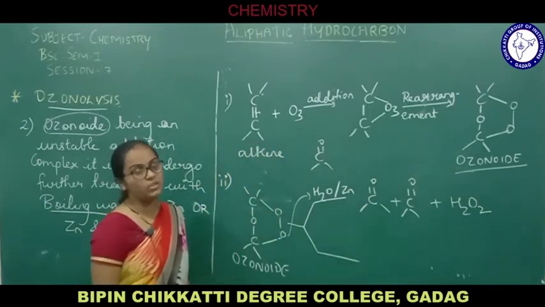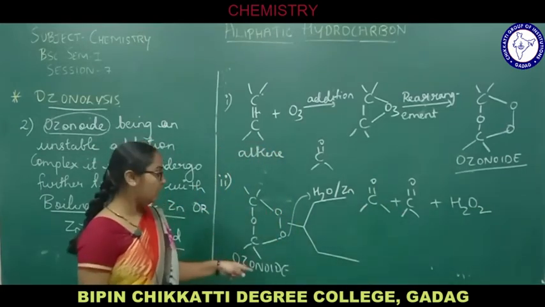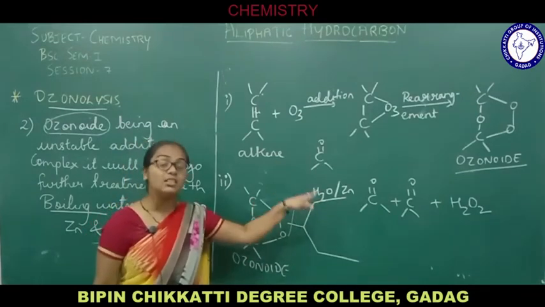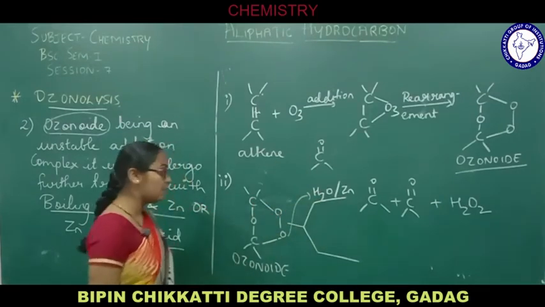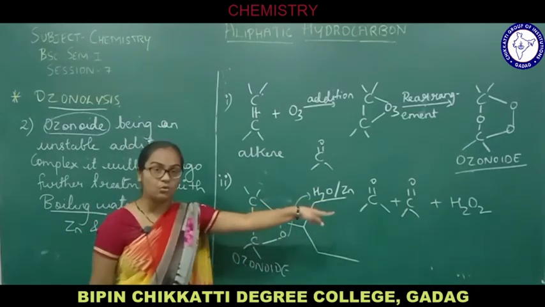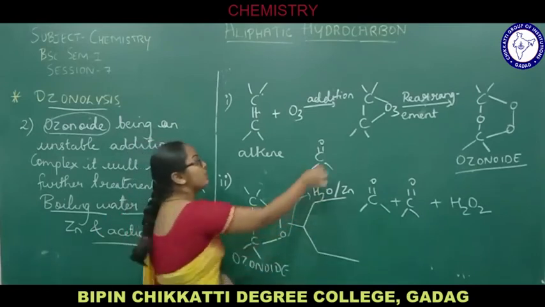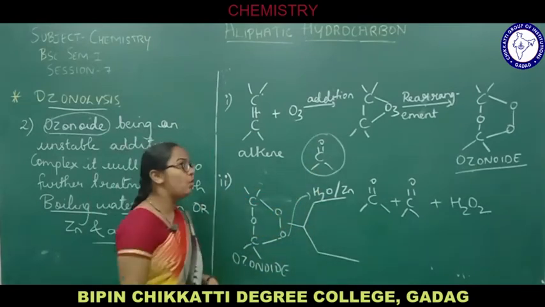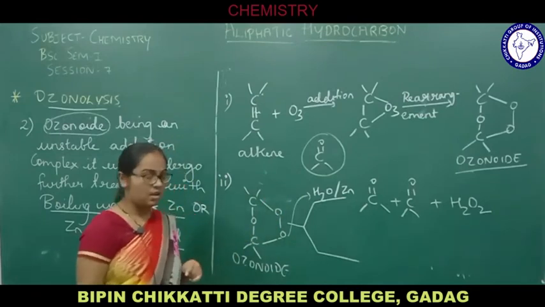I repeat once again, what is happening over here? When the ozonoid is treated with boiling water and zinc, it leads to the formation of carbonyl compounds.